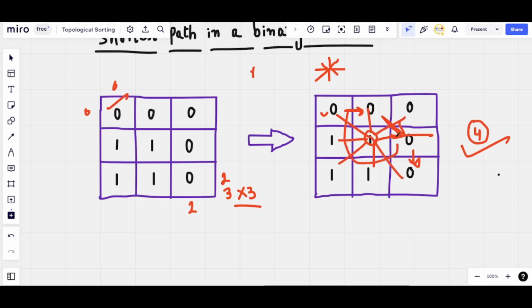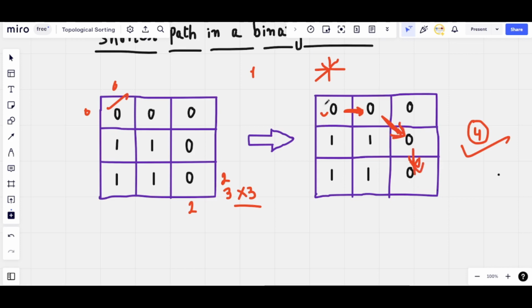So these are the directions which we are allowed to move. Therefore this is the shortest path that we can have, starting from the cell 0 0 till the cell 2 2. That is, move from the first cell 0 0 to 0 1, then from 0 1 to 1 2, then from 1 2 to 2 2.